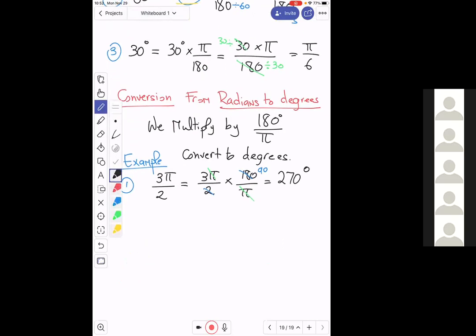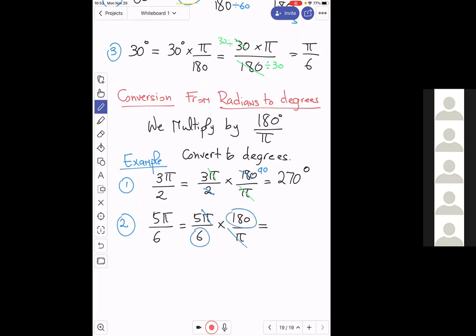One more example. Number 2, let's say you have 5 pi over 6, and you want to convert this to degrees. So 5 pi over 6, and then you multiply by 180 over pi. Pi over pi cancels out. Now 180 over 6, right? 180 is the top, 6 is in the denominator.